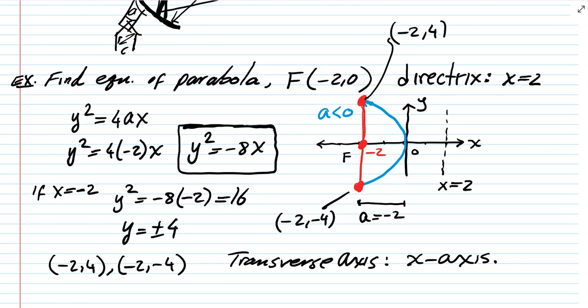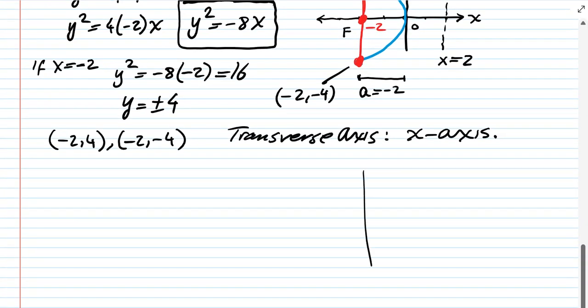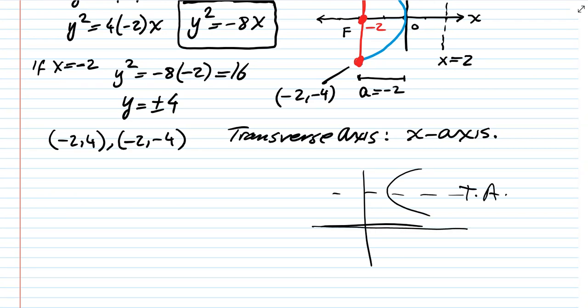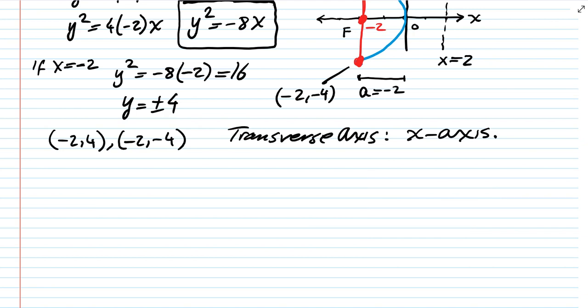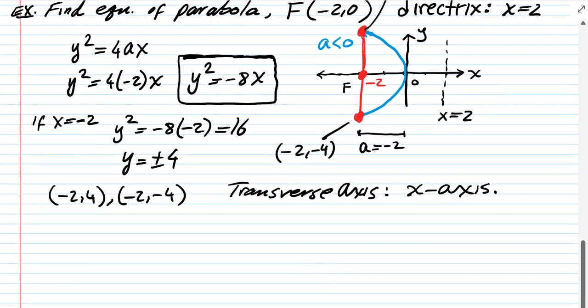If the parabola is somewhere else, for example up here, this is the transverse axis, right? The transverse axis runs parallel to the x-axis. We can find the equation of it easily because it's a line through the vertex. So we will have that if we need to. And there you have it. So not too bad.